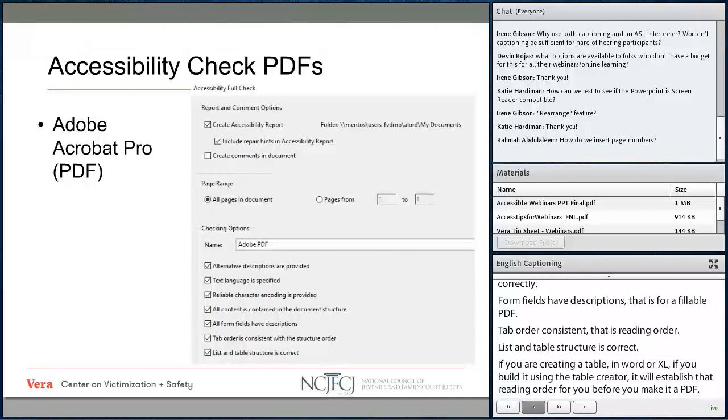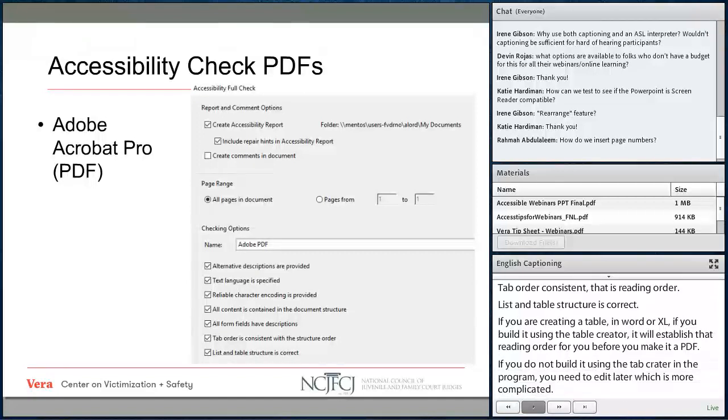So when you're building a PowerPoint or a Word document or even a table, make sure you use the features and the templates that are already built inside those programs, and you're more likely to find that those will already be accessible to a screen reader by the time you get to use them in your presentation.